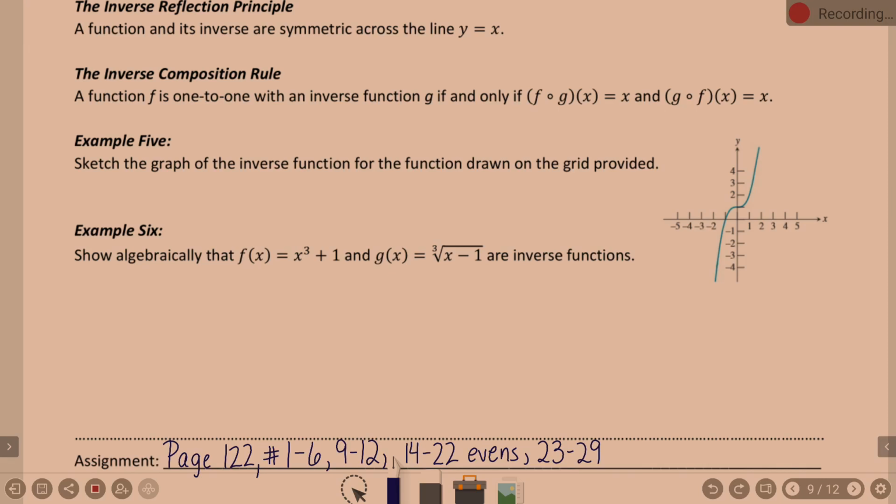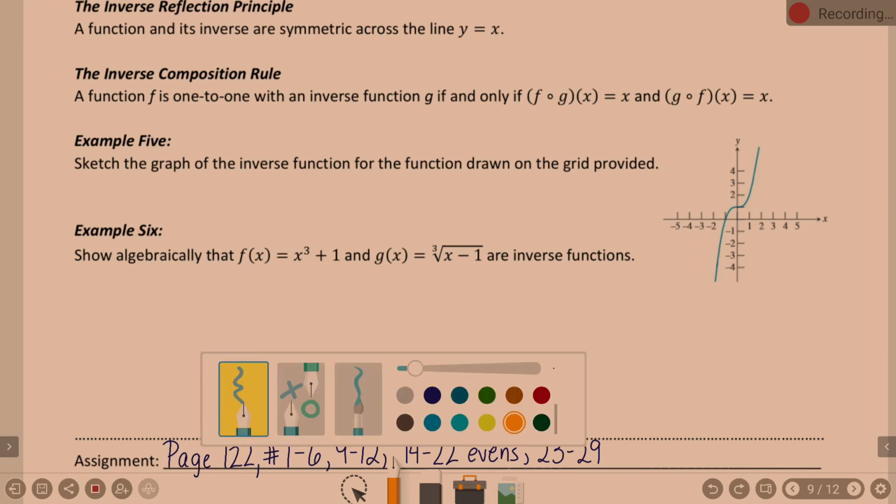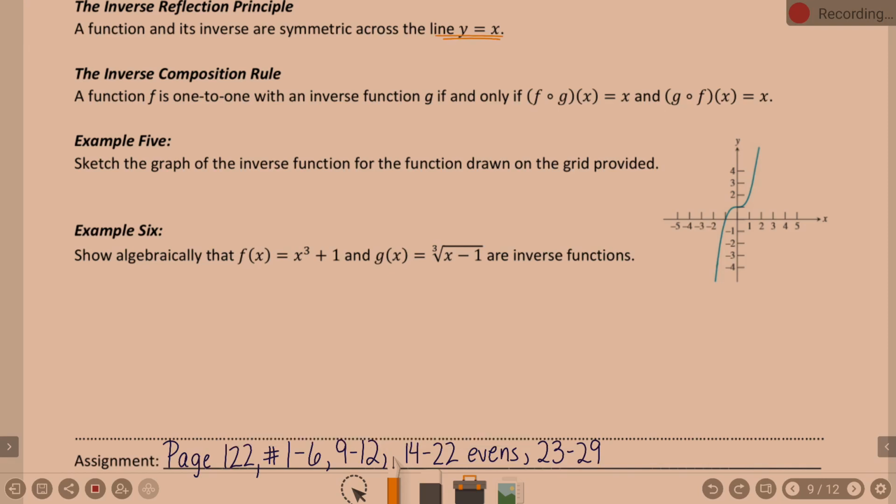First of all, the inverse reflection principle. A function and its inverse are symmetric across the line y equals x. What is the line y equals x?